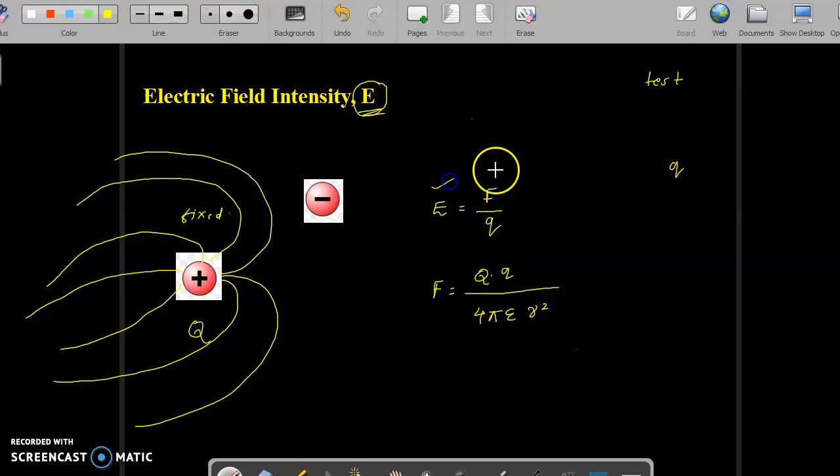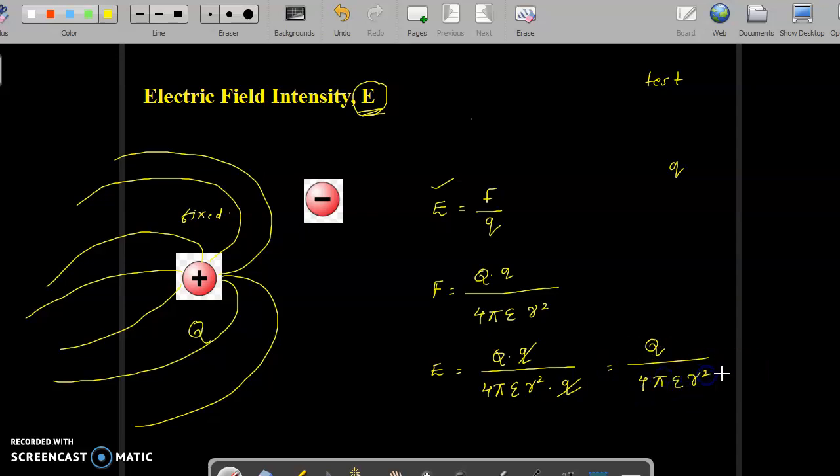So when I make the E, the expression becomes F by Q. So Q times Q by 4 pi epsilon r square times Q. The Q gets cancelled. The final expression of E becomes Q by 4 pi epsilon r square. The SI unit of E is volt per meter.